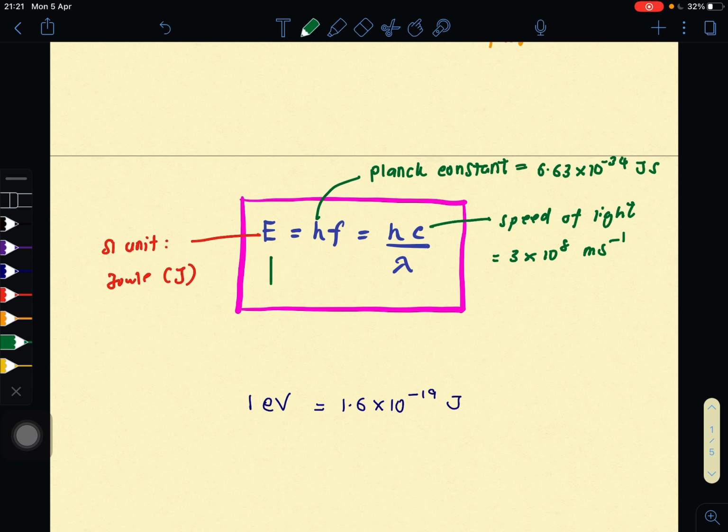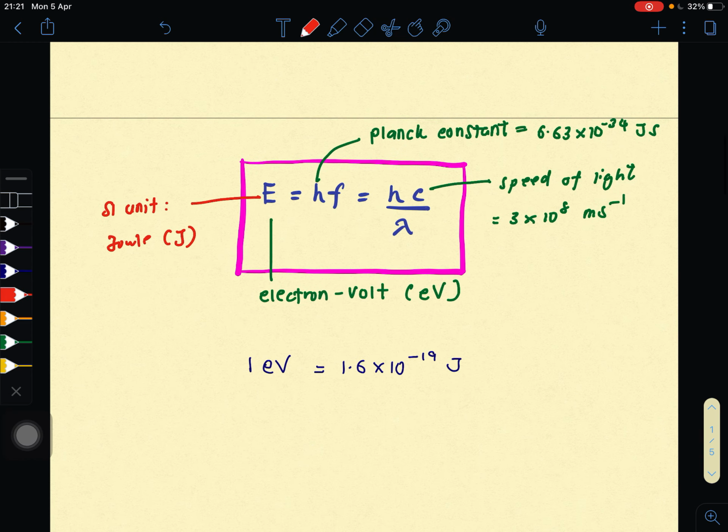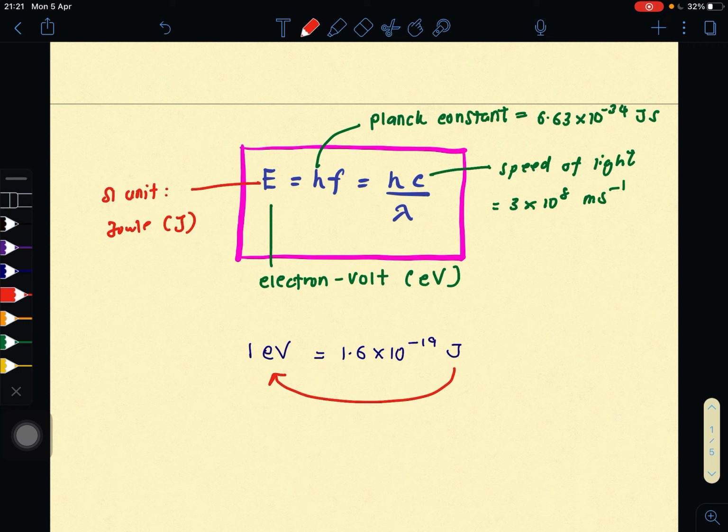The unit we use is the electron volt, or eV, where 1 electron volt equals 1.6 × 10^-19 joule. So if we want to convert from joule to electron volt, we divide by 1.6 × 10^-19.